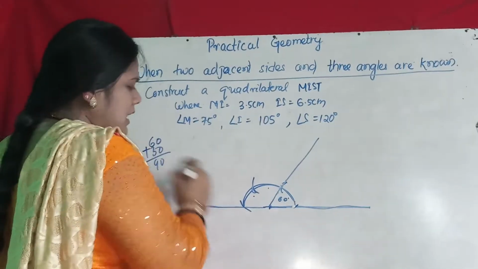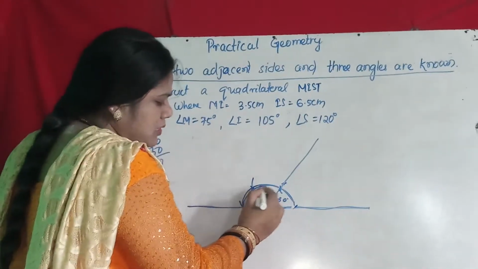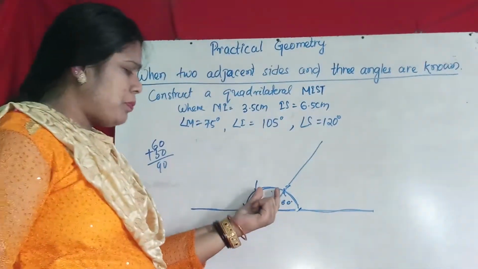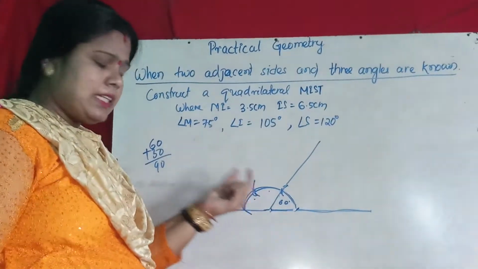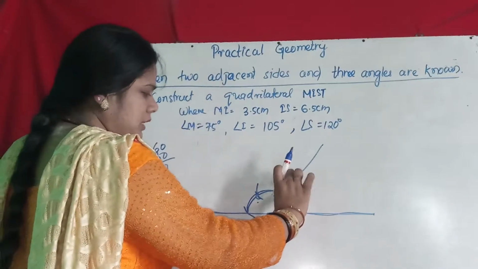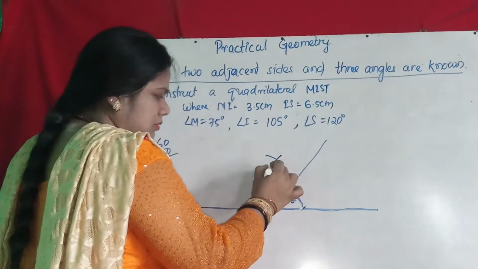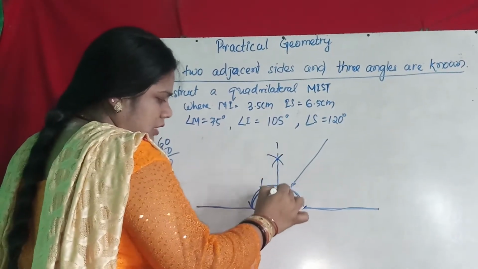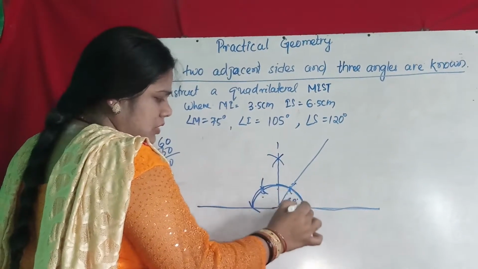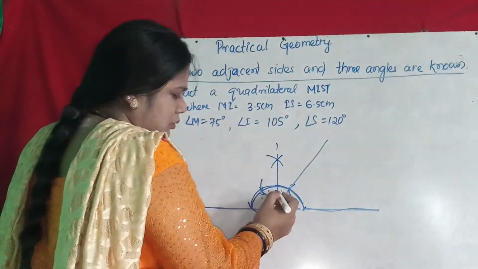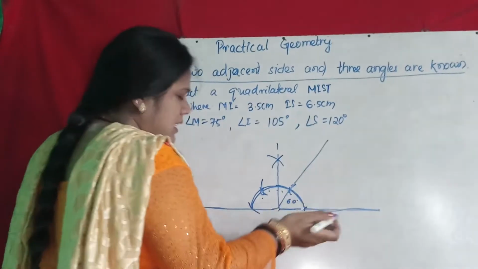From this point to this point is also 60 degree. When we divide it into 2 equal parts, we get 30 degree. Again put your rounder here, take more than half, draw an arc, and here also one arc. Then when you join, you get 30, 30, 60 plus 30, it is 90 degree.